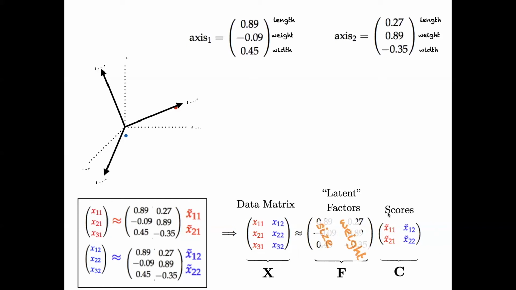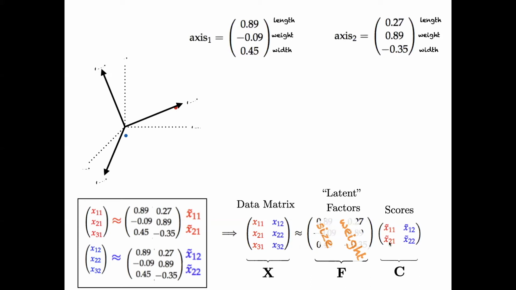And then I have a matrix of scores. Again, these are just the coordinates of these data points in the new axes, which again are the bold, darker straight line arrows here. So x11 told me how far to go along the black arrow I'm pointing to now, how far to go along axis 1. x21, sorry, these are the wiggle numbers, the new numbers, showed me how far to go along the second axis.